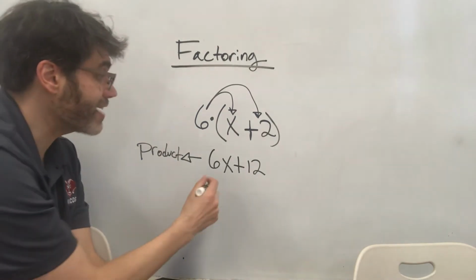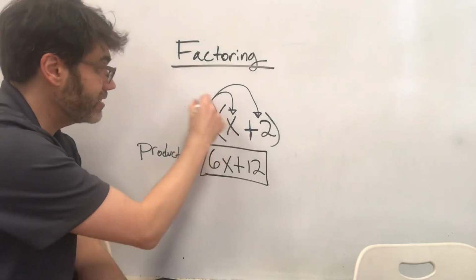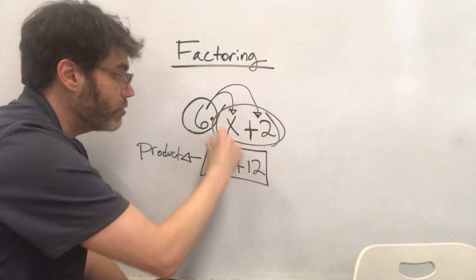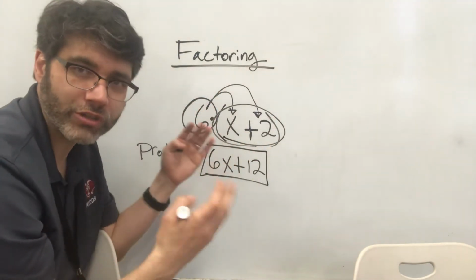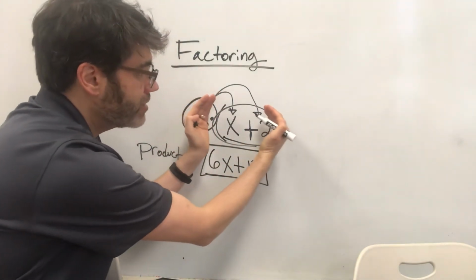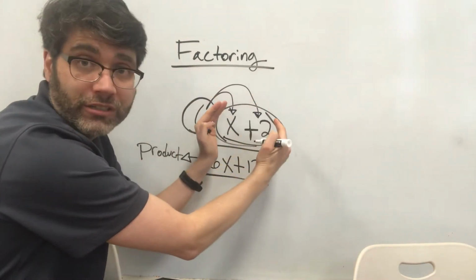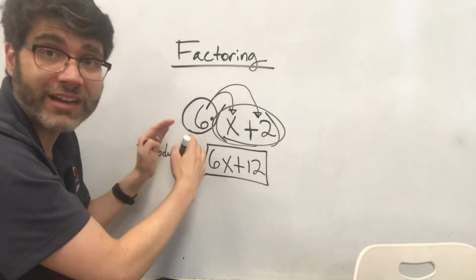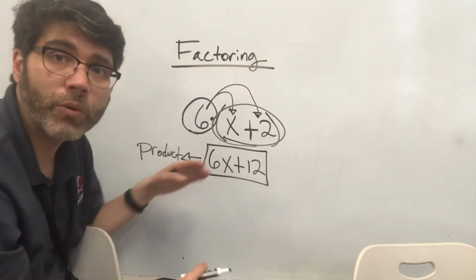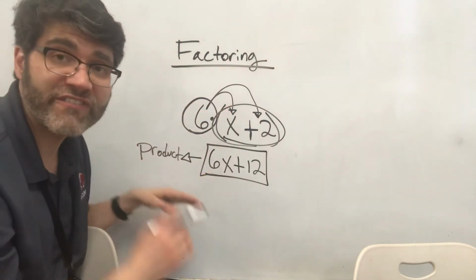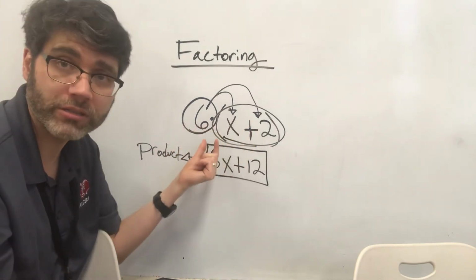Well, here, the factors of 6x plus 12 are 6 and x plus 2. So this whole thing, it seems a little strange, but this entire package in the parentheses is considered a factor. X plus 2 is considered a factor. And 6 is considered a factor. So that when you multiply them together, you get back to a product. So we're working backwards. When we want to factor 6x plus 12, we break it down into its component parts. Okay?